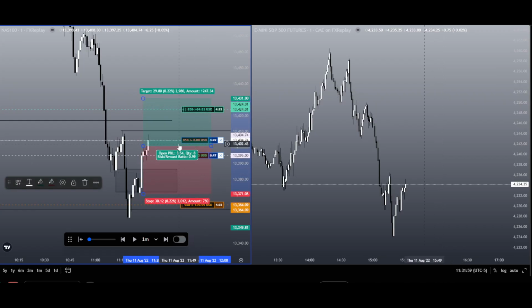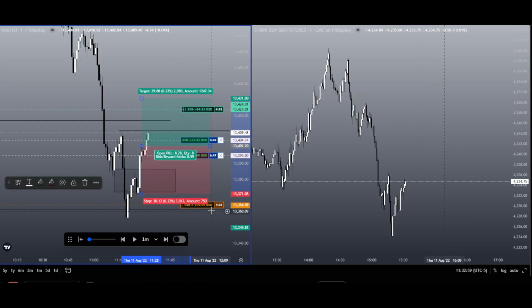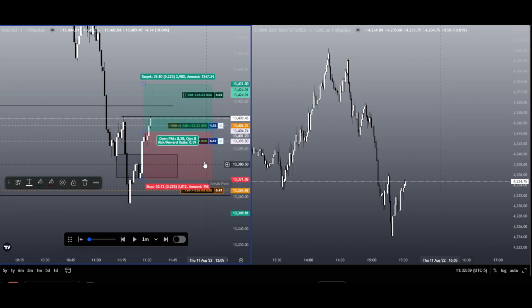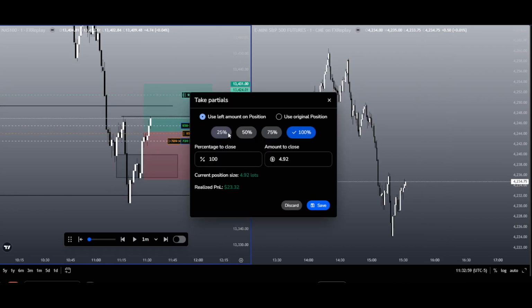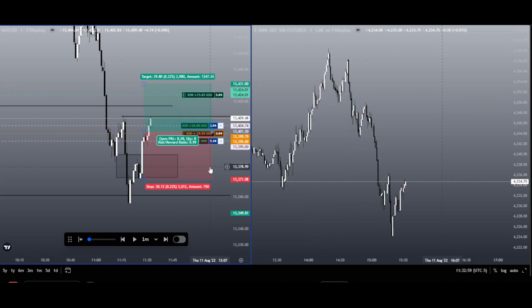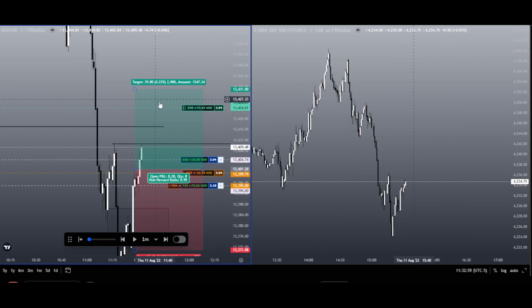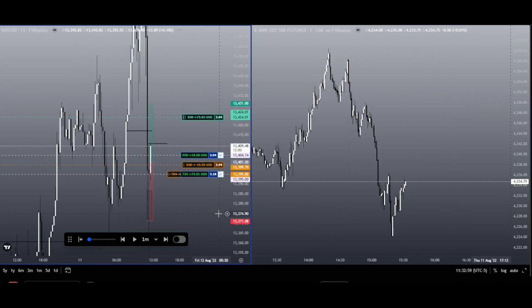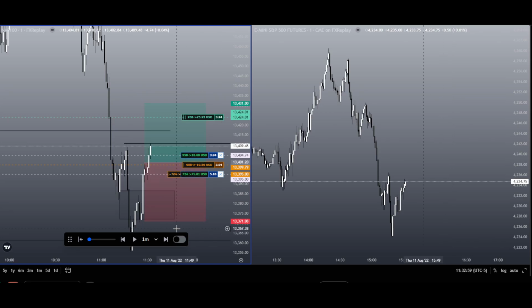My average would be like here, so my break even would go like here. I'd also scale 20%. Adding in is so stupid on FX Replay because it doesn't even give your average.